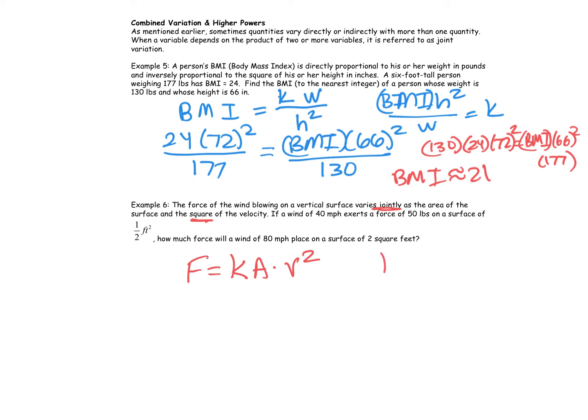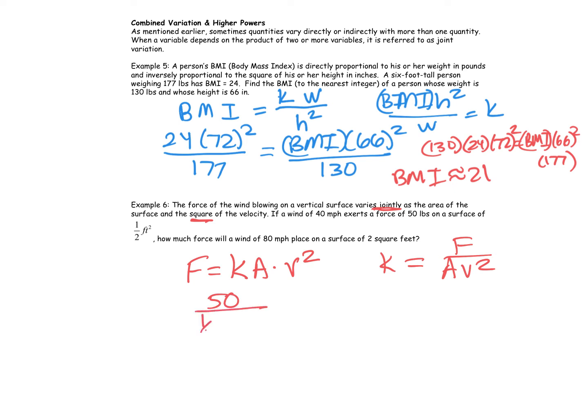So like before, I'm going to use method 2. So I'm going to solve for k. And let's plug in for the first situation. If a wind of 40 miles per hour exerts a force, okay, so the force is 50 pounds.